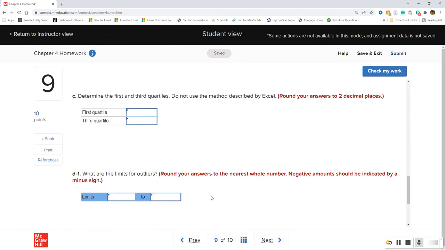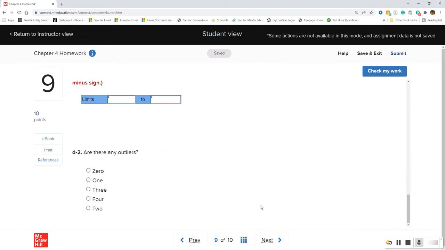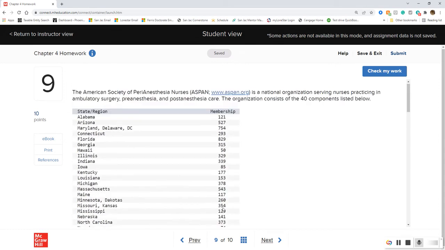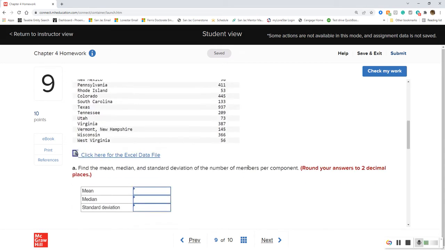That will come out to these. If it happens to be negative, you may need to put 0. And it's going to ask for any outliers, basically, if they fall outside this range. I doubt that. I bet it's going to be 0.